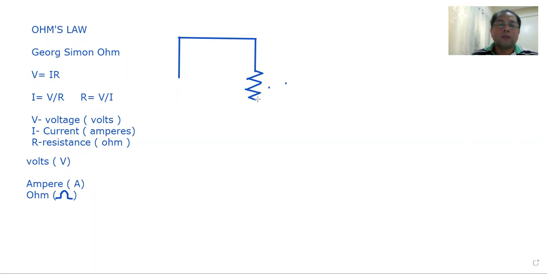Then we will complete our circuit by drawing another line here, and this line will go to our battery. So this is what we call a schematic symbol.